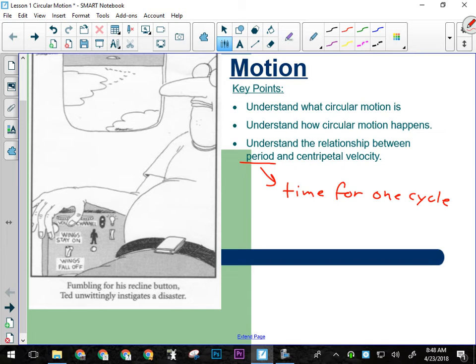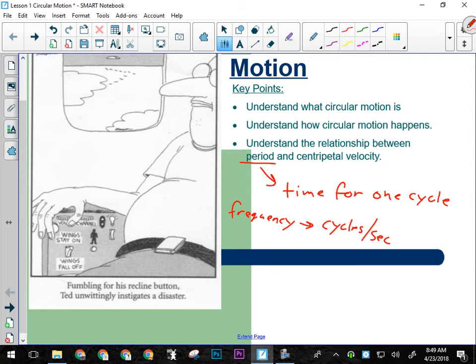Okay, we also sometimes use frequency, which is the inverse of period. Okay, so frequency is how many cycles per second. Okay, whereas period is seconds per cycle. Okay, so one is cycles per second, the other is seconds per cycle. So they are the inverse of each other.